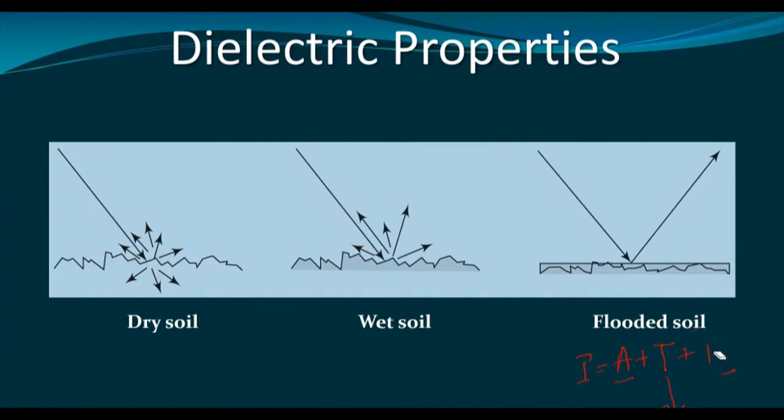In case of optical remote sensing, dry soil appears brighter and wet soil appears darker, whereas in case of radar imagery, wet soil appears brighter and dry soil appears comparatively darker, but it is not completely dark. Completely dark we shall obtain if the soil is flooded. So, this was about dielectric properties.